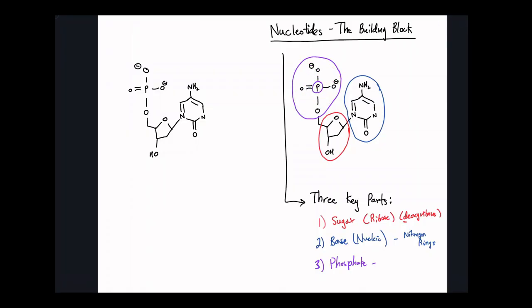So here we can see this nucleotide built here. The way this works is that the oxygen down here can actually be connected to another phosphorus. If we do this, we can then connect it to another sugar, which is connected to another base. I'll just copy the same base here.